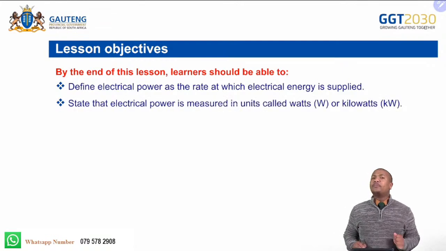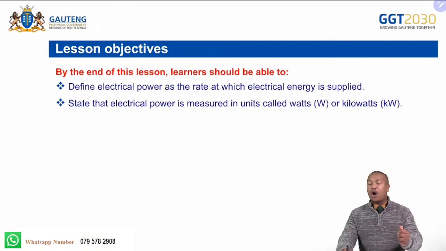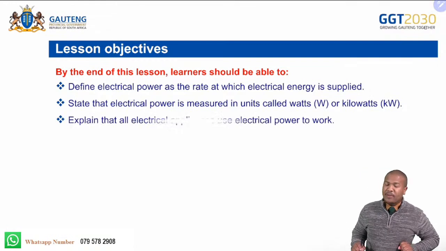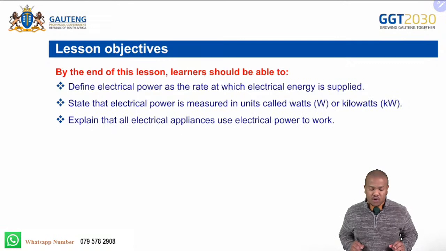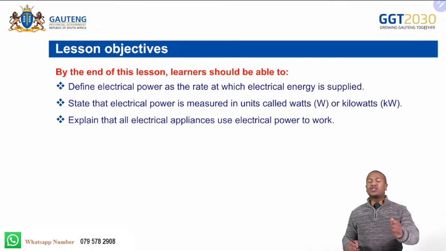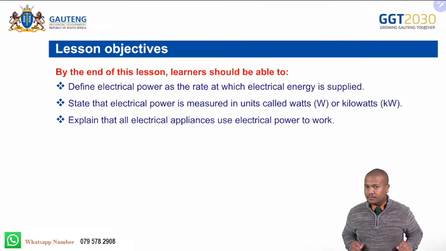Secondly, you should be able to state that electrical power is measured in units called watts or kilowatts. And thirdly, you should be able to explain that all electrical appliances use electrical power to work.